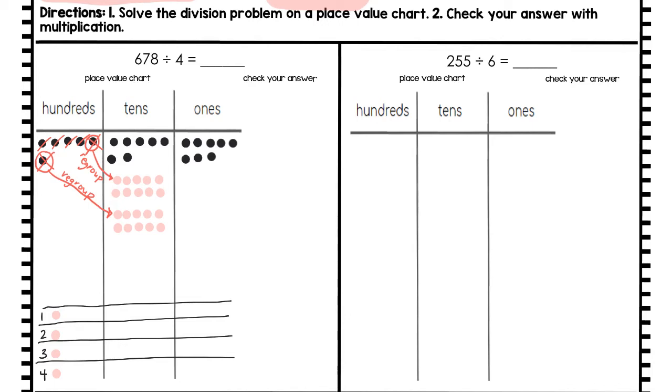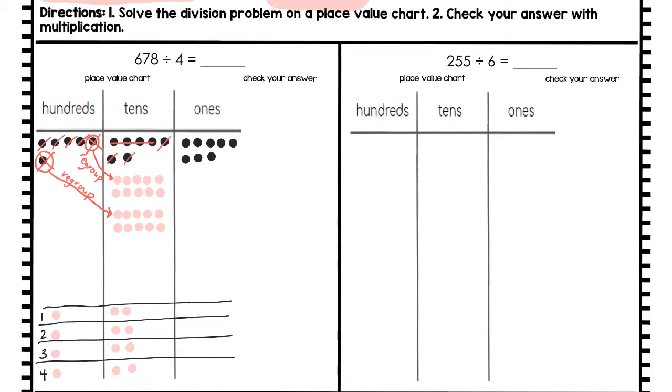Now I have 10, 20, 25, 26, 27 tens. Can I put 27 into 4 groups? Yes. 1, 2, 3, 4. I've used 4. I can keep going. 5, 6, 7, 8.